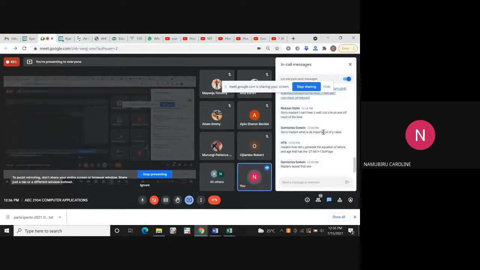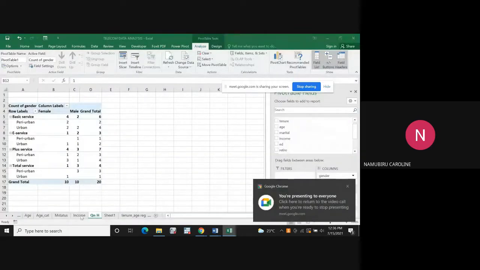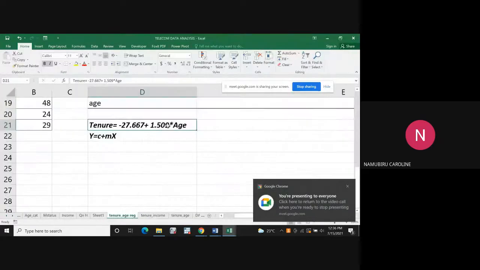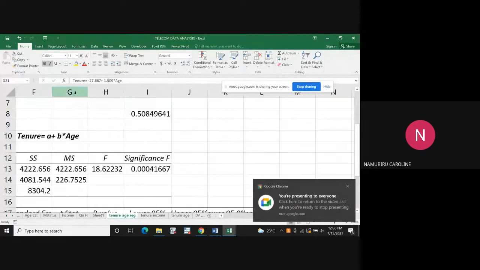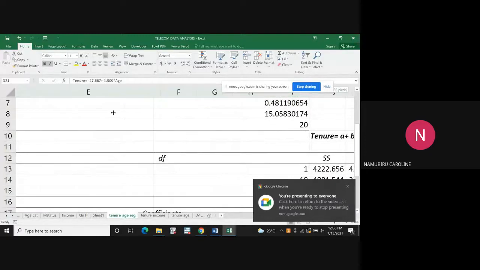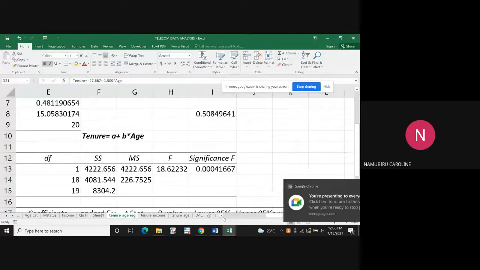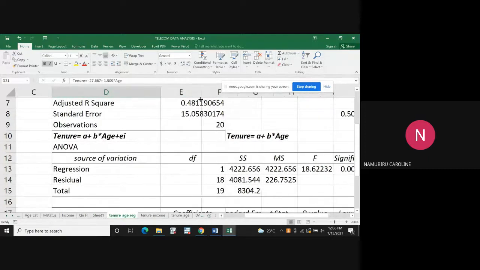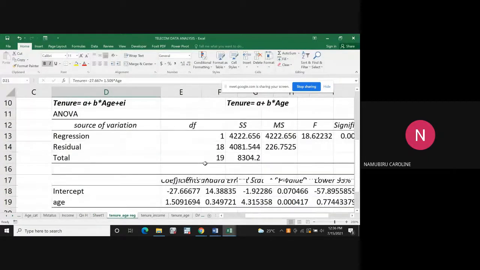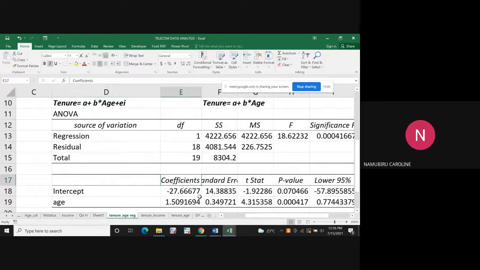And then, Madam, how did you generate the equation of tenure and age? To be able to generate that equation, this is what we did. So to be able to estimate or generate that equation, these are the coefficients here.